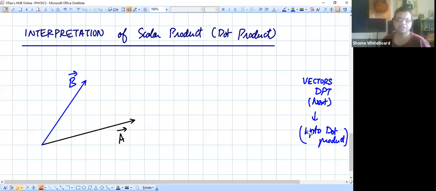But kinematics DPT has already happened for you, right? Prince, haven't you had kinematics DPT last week? Oh, achha, that was Orange House. Okay. Fine. I confused between you. So first you will have kinematics DPP and DPT, and next week after that you will have vectors DPT. So it will be up to dot product.